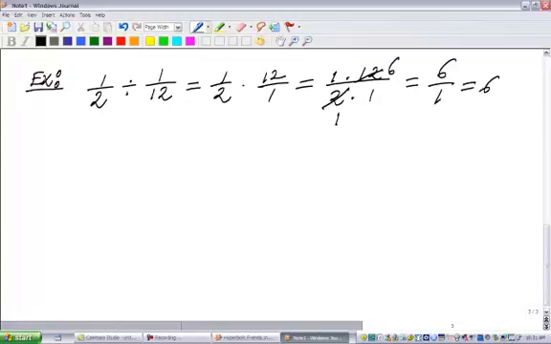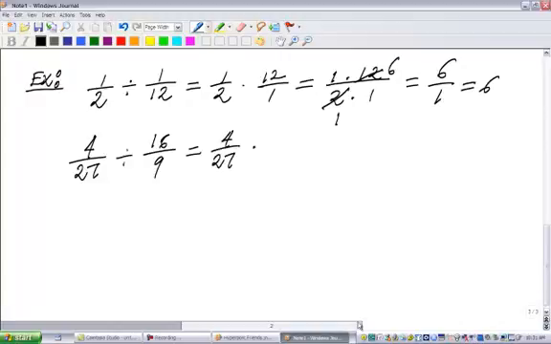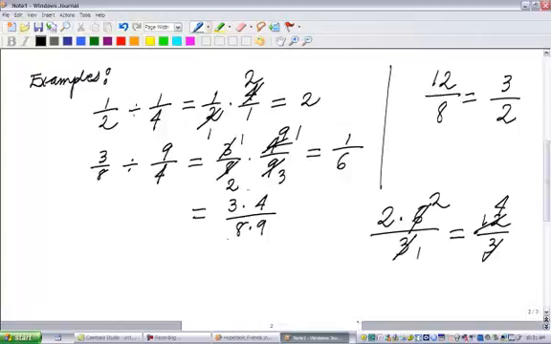Okay, now let's look at the following example. 4 over 27 divided by 16 over 9. What is that? 4 over 27 multiplied by 9 over 16.